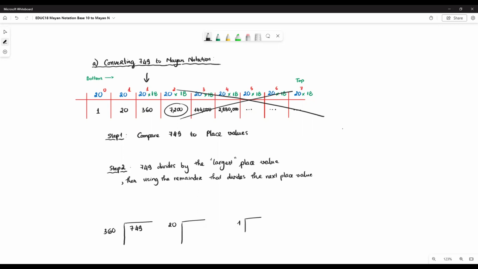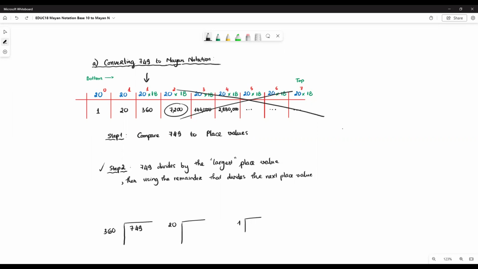At the next step, we divide 749 by the largest place value, that is 360. And then we take the remainder and divide by the next place value until we finish the process. All right, so let's do that.